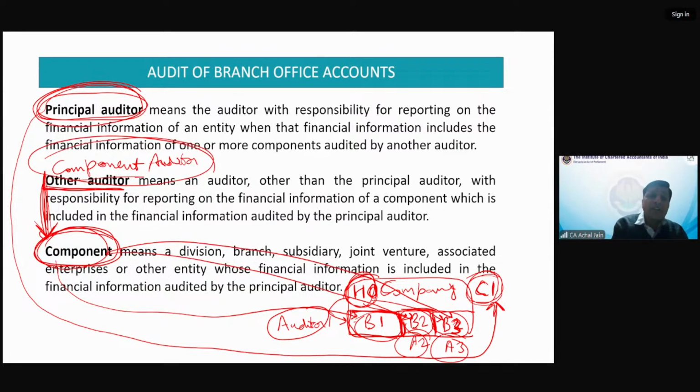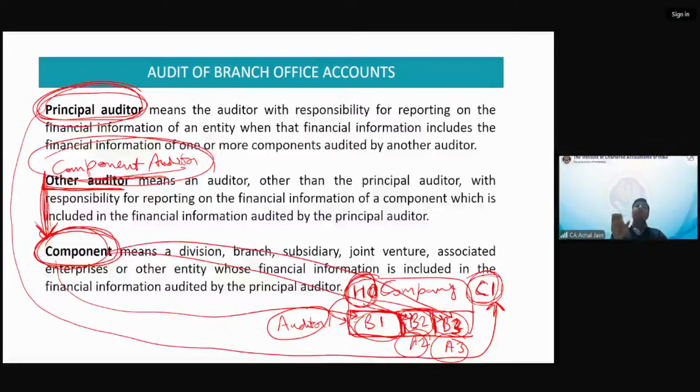So these auditors, what will they do? Component auditors will audit their respective components, using the same set of auditing principles we have discussed so far. Means they will apply a similar set of procedures, the same type of planning, the same sort of execution, the same sort of conclusion, and in a similar manner they will also do the reporting.